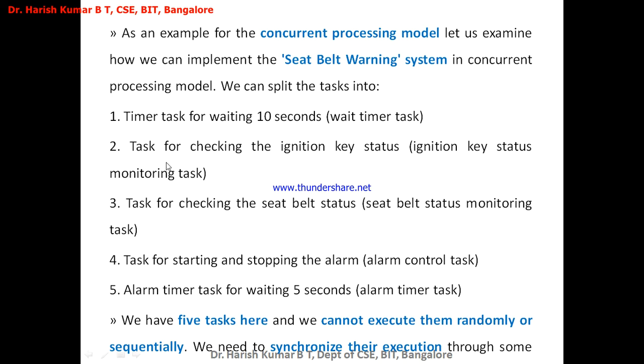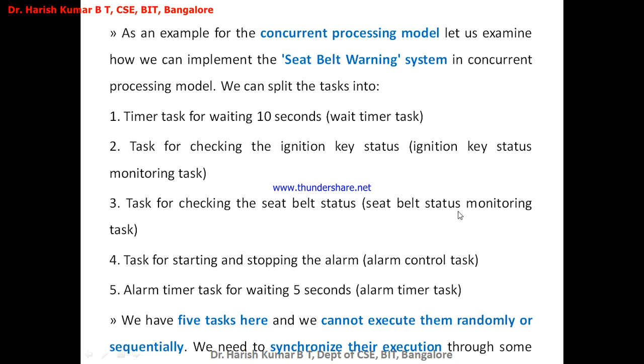These are the various subtasks we can have. First thing is a timer task for waiting 10 seconds, that is the wait time timer task. And then a task for checking the ignition key status, that is the ignition key status monitoring task.